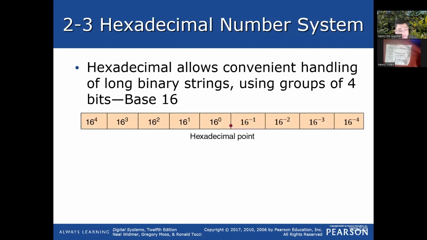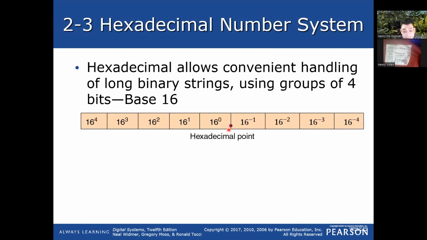Okay, so syempre in a hexadecimal allows convenient handling of long binary string using groups of 4 bits, base 16. Yun ang sinasabi natin. So, 4 bits, 4 bits, 4 bits, 4 bits, 4 bits. So, pwede mo nang alamin kung 16 times 16 times 16 times 16. So, yan yun. No? So, pwede yan.